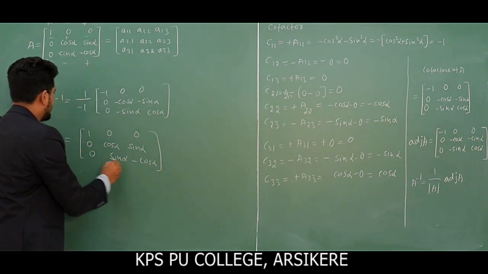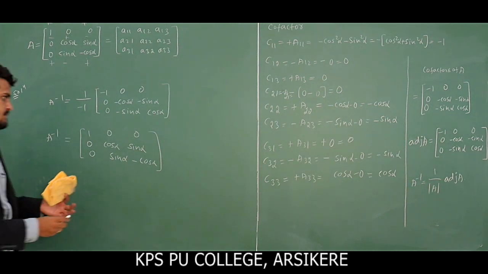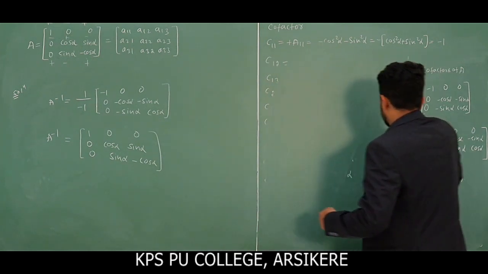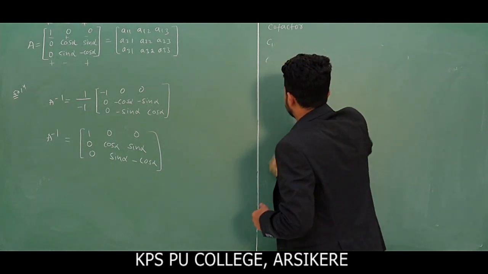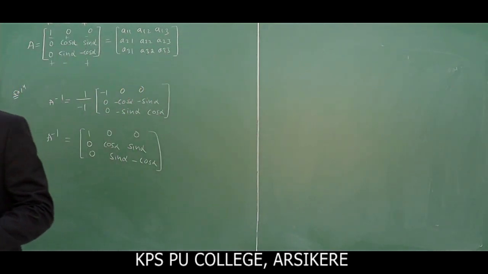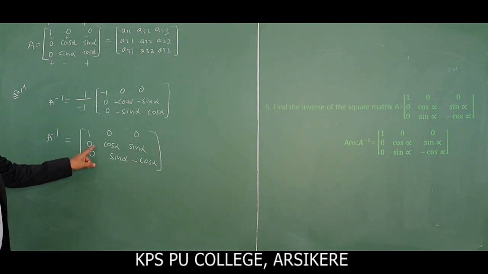This is the value of A inverse. So finally we get A inverse is equal to, see here the answer: 1, 0, 0; 0, cos alpha, sin alpha; 0, sin alpha, minus cos alpha.